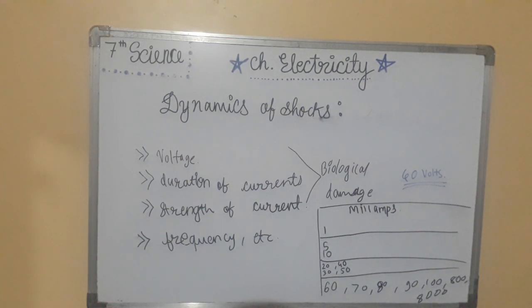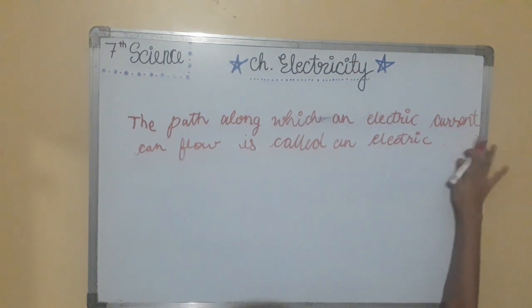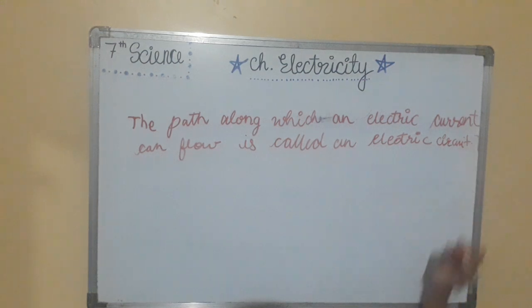The path along which an electric current can flow is called an electric circuit. An electric circuit may be closed or open.